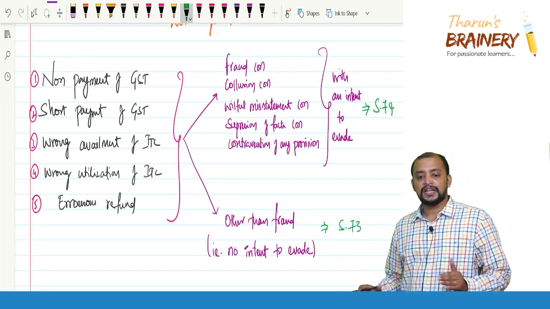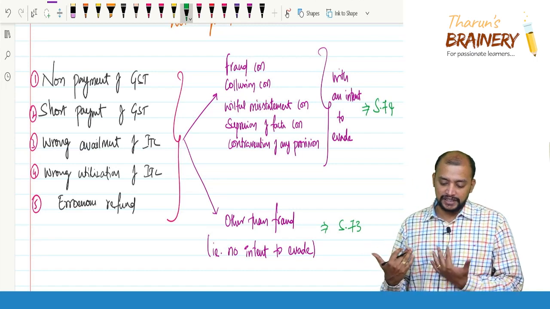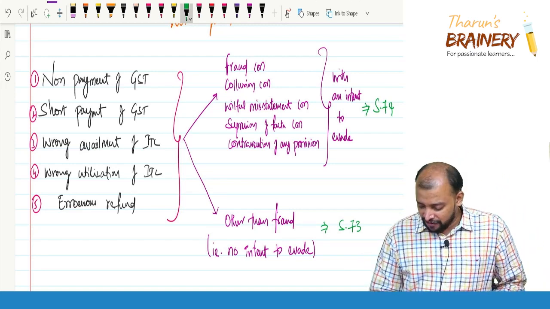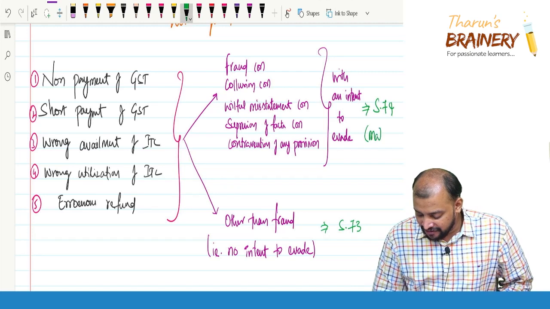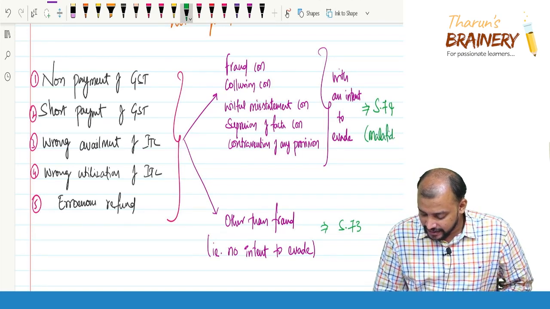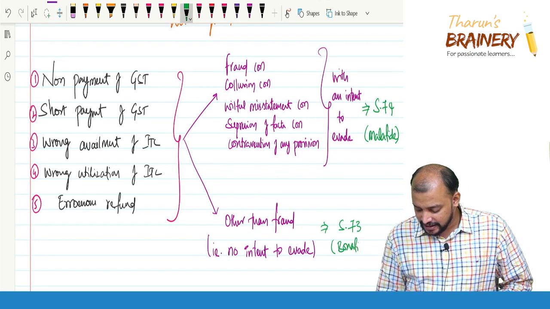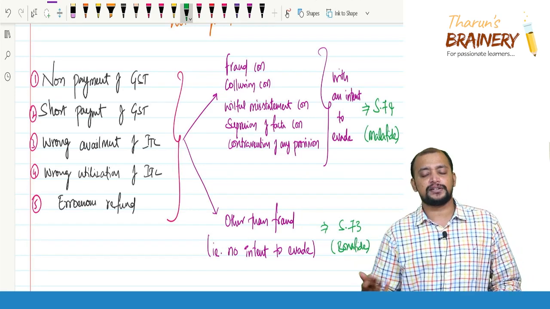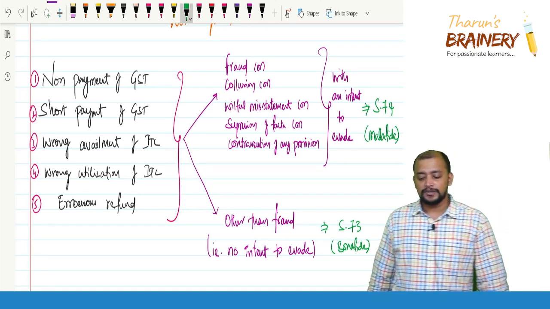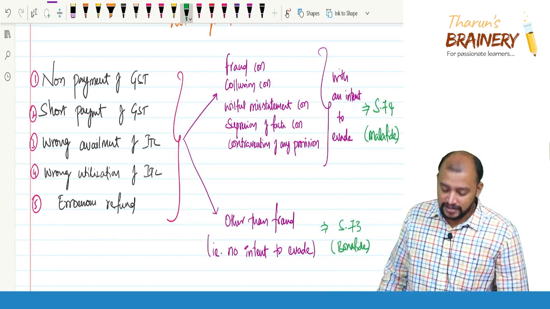Got it? This 74 is known as malafide case, whereas 73 is bona fide case. It's okay, error, it happens. Bona fide allowed, malafide is really serious.